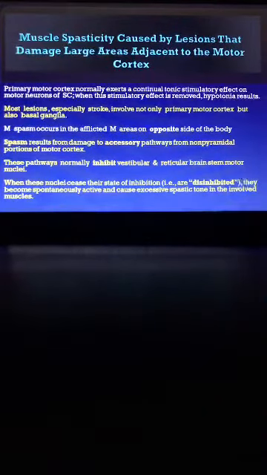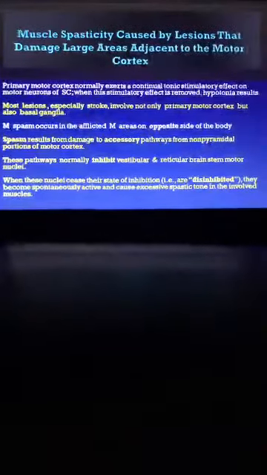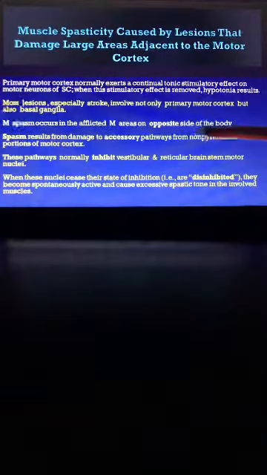Muscle spasm occurs in the affected muscles area on the opposite side of the body قلنا بسبب crossing of the fibers. Spasm results from damage to the accessory pathway from non-pyramidal portions.